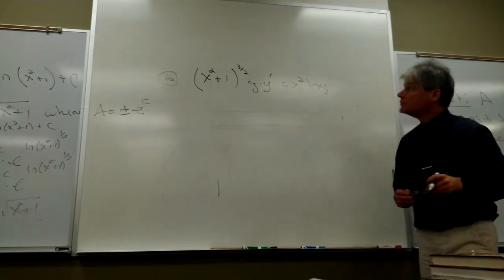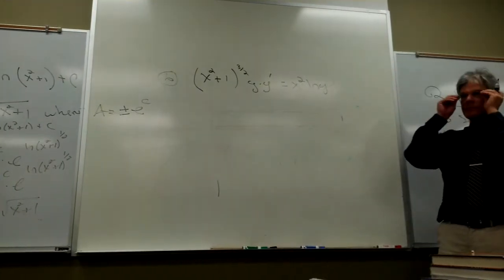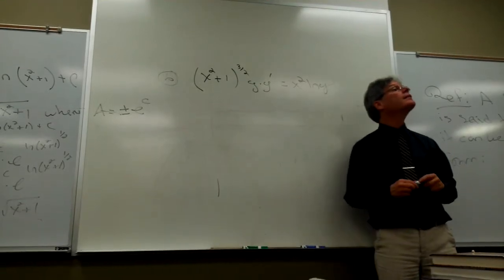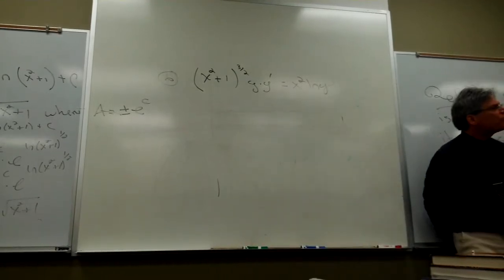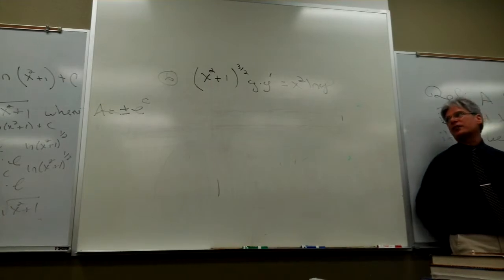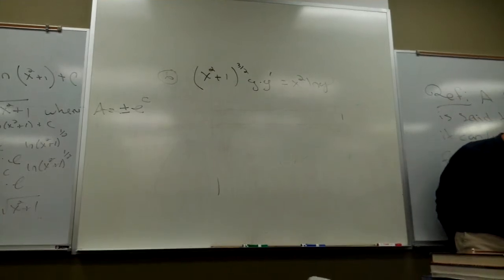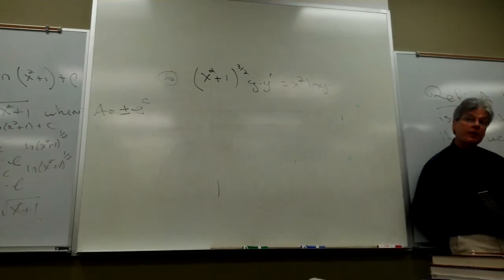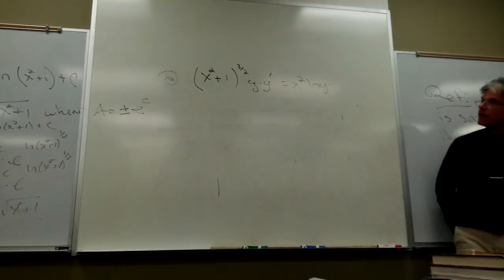Looks good to me. Do you think it's separable? Yeah, it looks like if I really wanted to, I can massage it so y prime is completely isolated on the right-hand side. I can rewrite that side as a product of two functions, one solely in x, one solely in y. So let's separate.